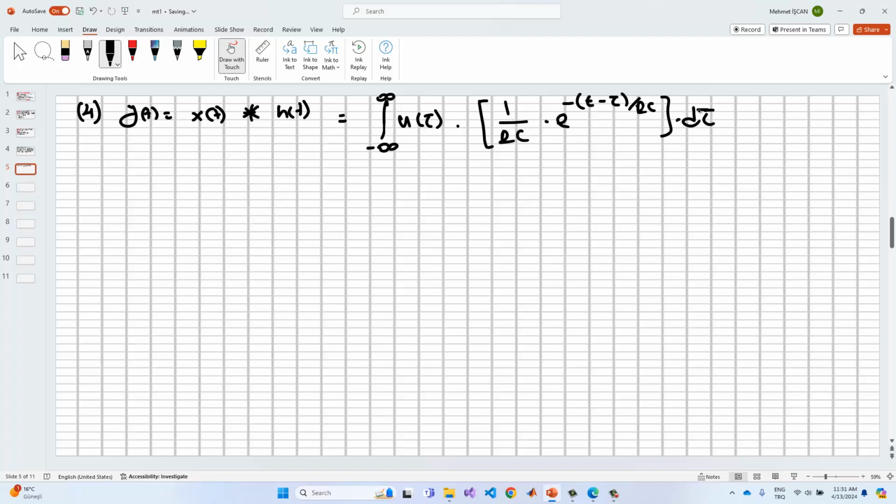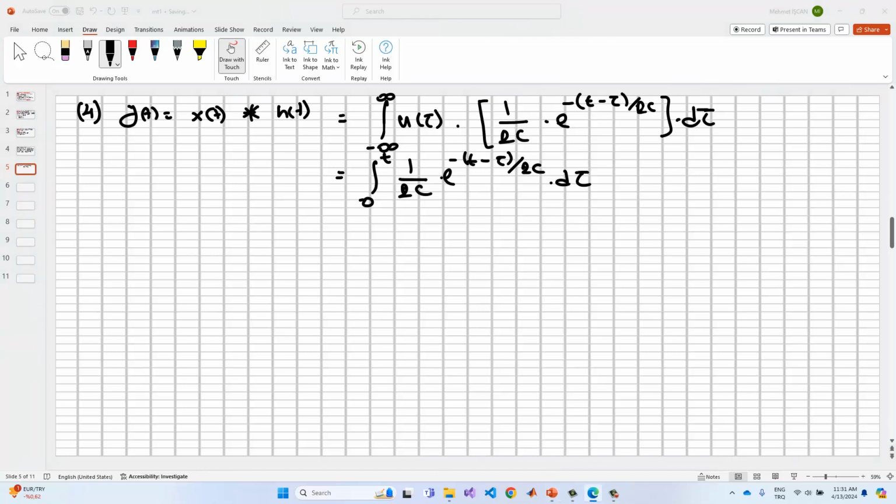Okay? And so if this is the unit step, we can write that 0 to t is the region in here, so we have 1/RC times e to the minus (t minus tau) divided by RC times d tau. Okay, this is the integral to be solved.